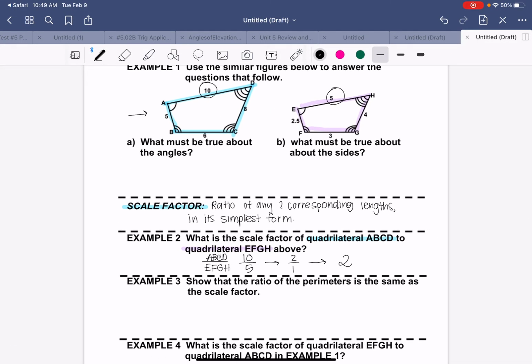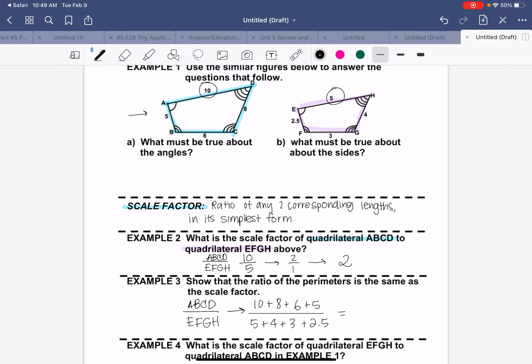So example 3 says show the ratio of the perimeters is the same as the scale factor. So when we take the perimeter of each of those quadrilaterals and simplify it, it should get us the same scale factor. So let's do that. We have 10 plus 8 plus 6 plus 5, which is all the side lengths of ABCD, and we're going to put it over 5 plus 4 plus 3 plus 2.5, which is all the side lengths of EFGH.